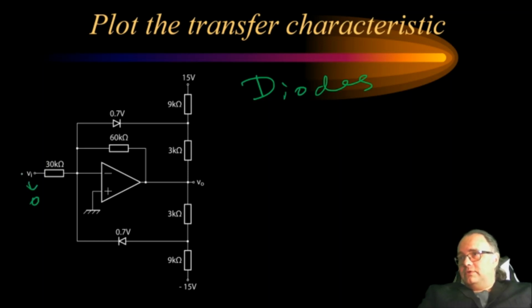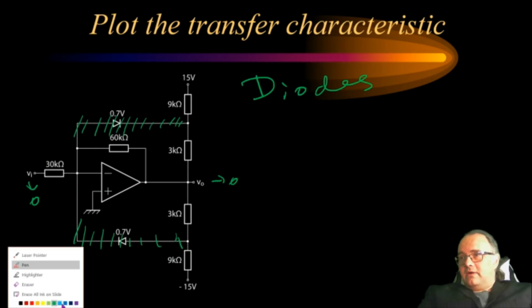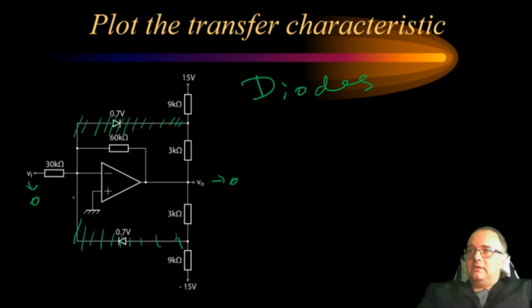If the voltages tend to 0, the output will tend to 0. So this will be a positive voltage, so definitely the voltage drop across the diode will not be positive 0.7. And then the diode will be off. So I can just simply remove this from the circuit. And I have now just an inverting amplifier configuration. The output network here is only loading the output.